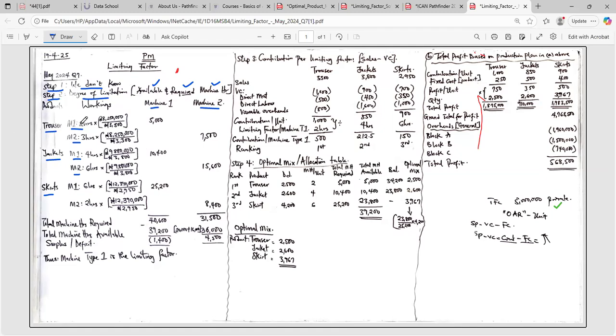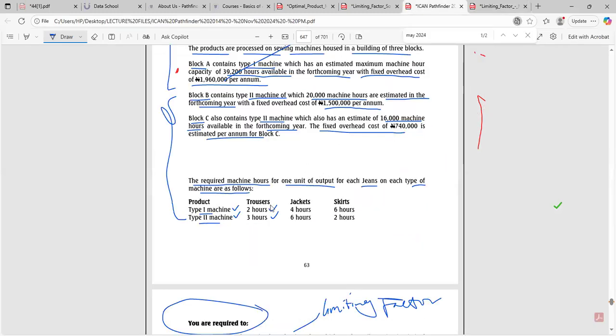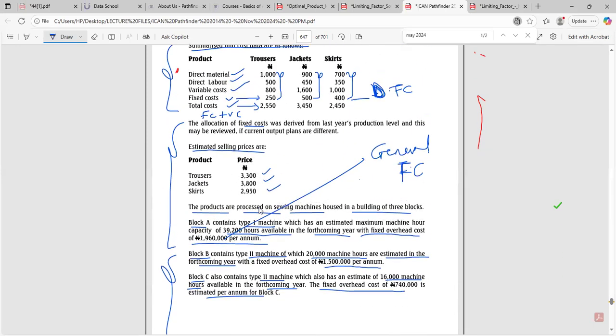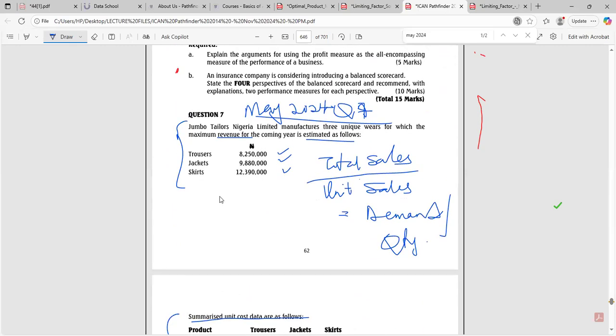Now, how many hours will I spend on machine type 1 for trouser? For trouser, I'm going to spend 2 hours on machine type 1. So it's going to be 2 hours multiplied by the quantity of trouser I'm making, which is the demand.